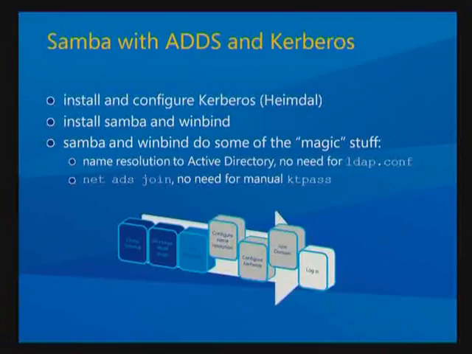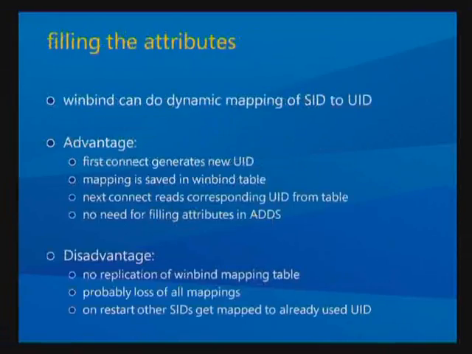Filling the attributes. It's one of those other tasks we already did. You can do this with WinBind. WinBind can do a dynamic mapping of SID to user ID. So if a user comes, first says, look, I have this SID, and WinBind says, I don't know you because you're not in my table, I give you the UID 10001. So next time the user comes, says, look, my SID, WinBind says, oh, I have you in my table.